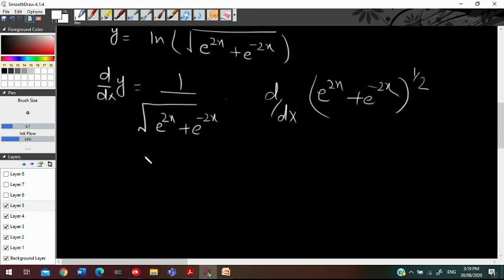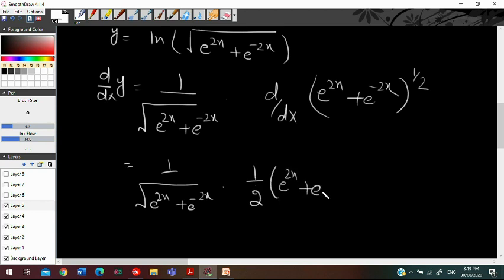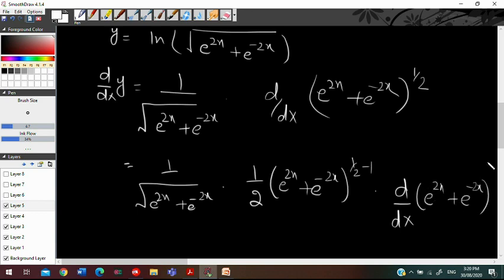The rest of the calculation is very simple. First we solve this power 1 by 2, then exponential 2x plus exponential minus 2x to the power 1 by 2 minus 1, and then the derivative of the inner function, exponential 2x plus exponential minus 2x, without power.